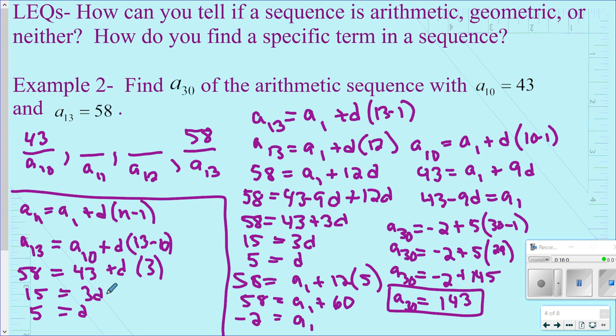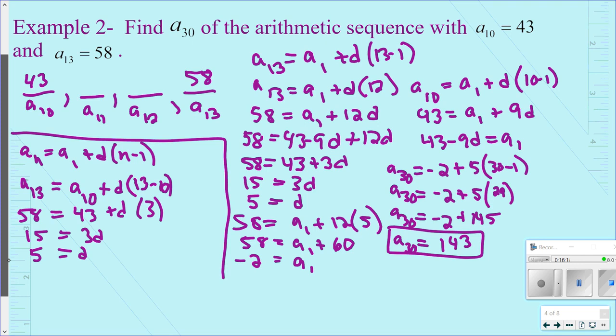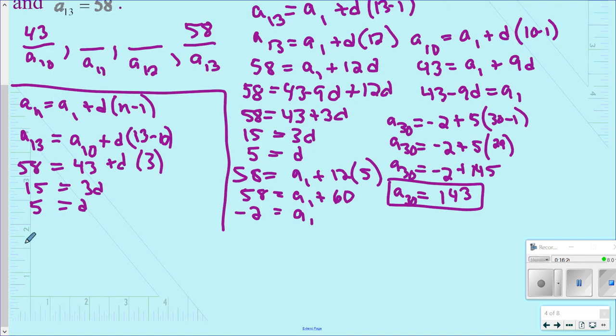I now want the 30th term. All I need really is to know what d is and one of the terms, wherever I want to start this sequence. So I'm going to again use my adjusted formula to get the 30th term. So I want the 30th, and what I'm going to do with that is use the 13th term.